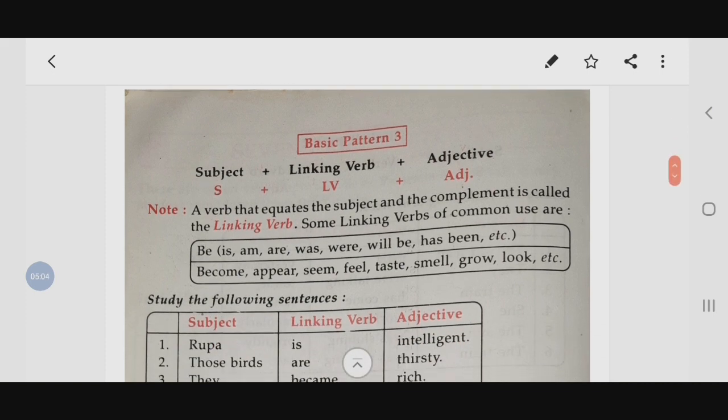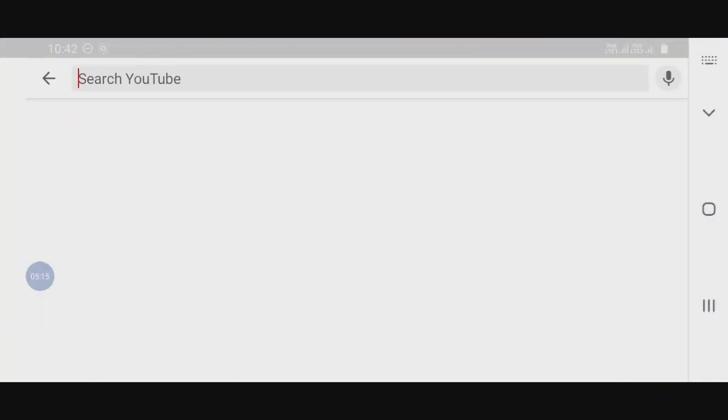A verb that equates the subject and the complement is called the linking verb. I have also made a separate video on linking verb and also complement. You can go to the playlist section and you can watch.